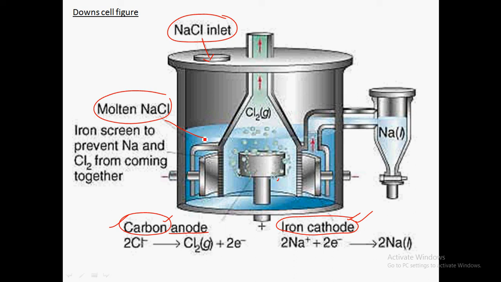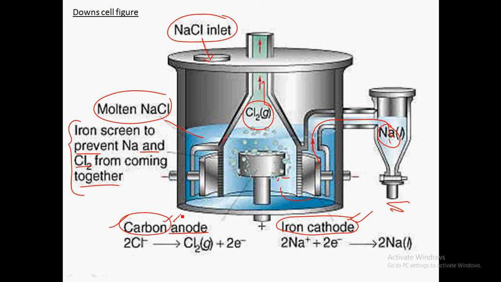Here you see the iron screen to prevent sodium and chlorine from coming together. Once sodium and chlorine are separated, this screen keeps the chlorine gas and the sodium metal apart. Chlorine goes out as a gas here; sodium comes out as a liquid, and it is collected here.